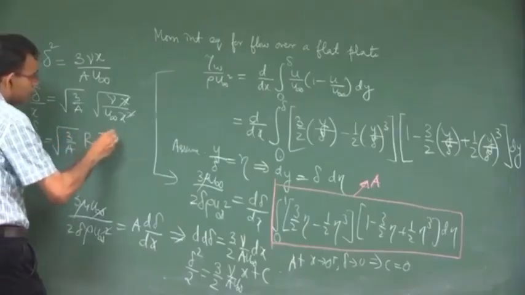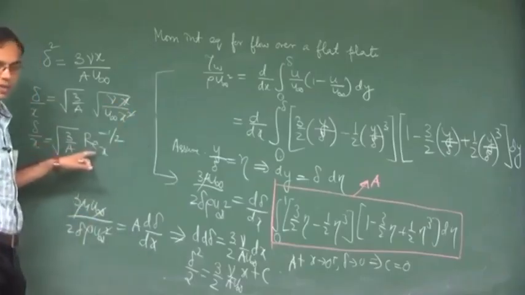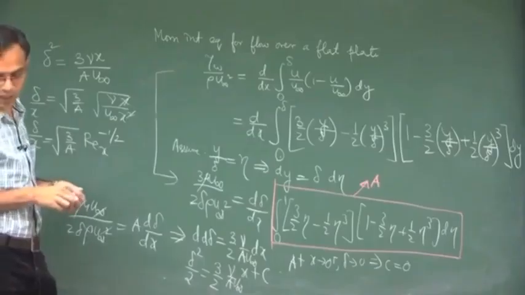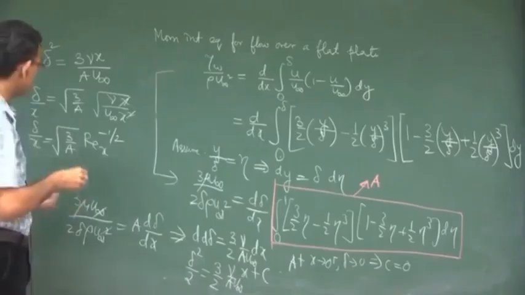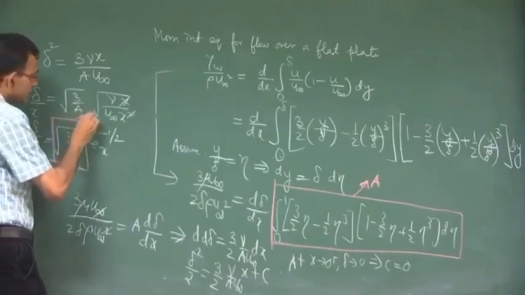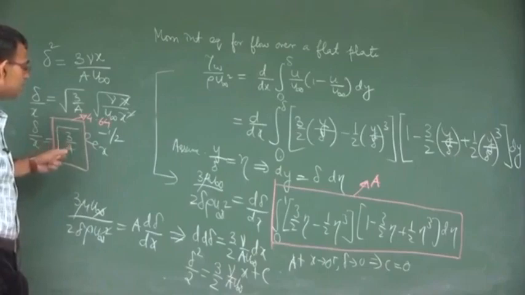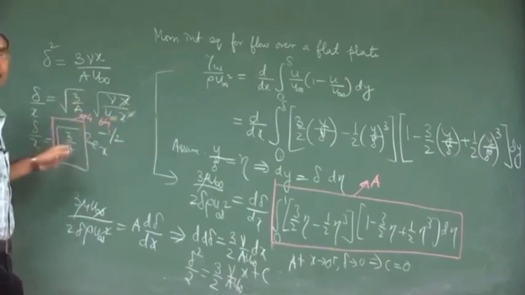Again you see you get back the same thing, delta by x scales with Reynolds number to the power minus half. This 3 by a, if you calculate, it will be 4.64 square root. So, you can check this calculation, go through the algebra and see whether you are getting this 4.64.